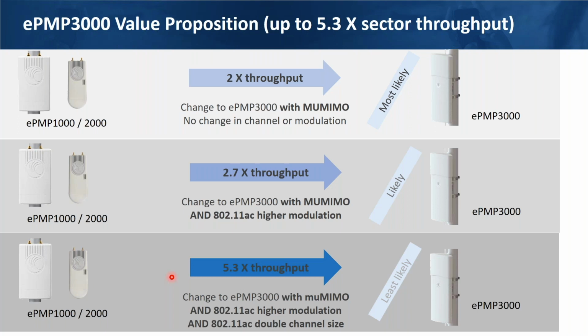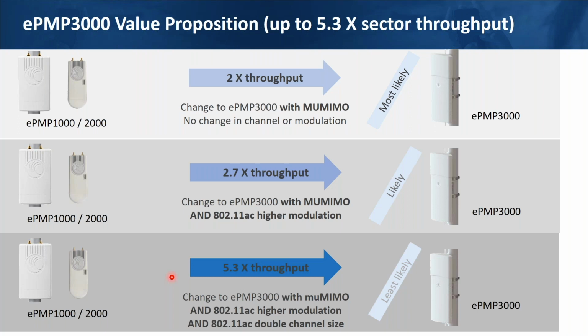Then lastly, the least likely feature that will help to multiply your capacity is the increase in channel size from 40 megahertz to 80 megahertz. Because the channel size has doubled, all these things combined would give you up to 5 times the throughput that you were getting on ePMP 2000.